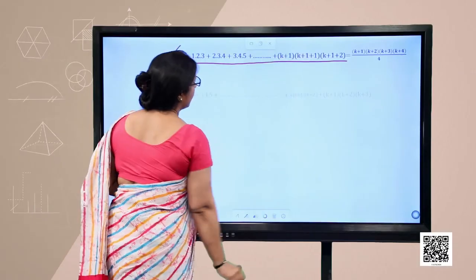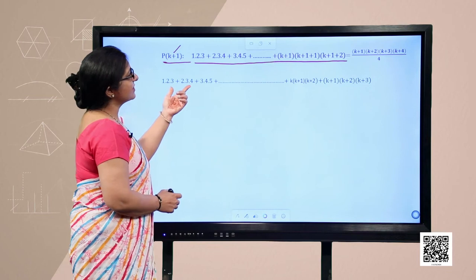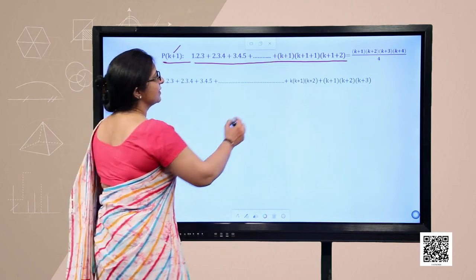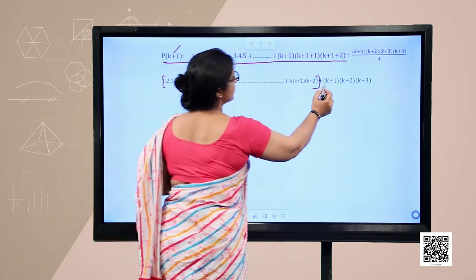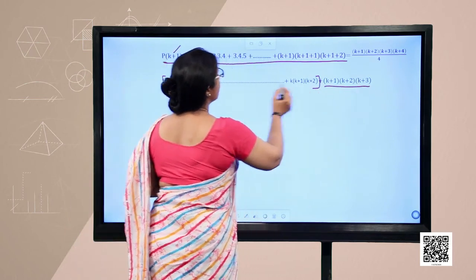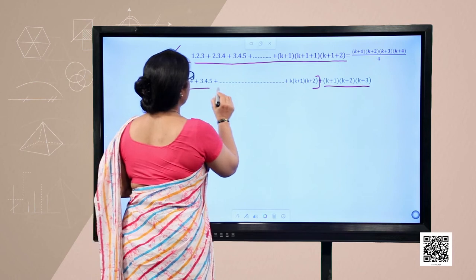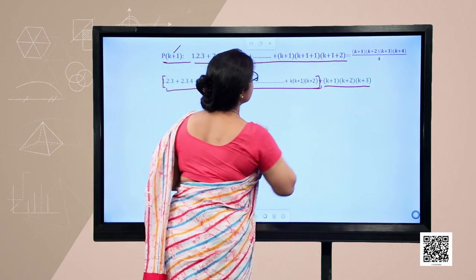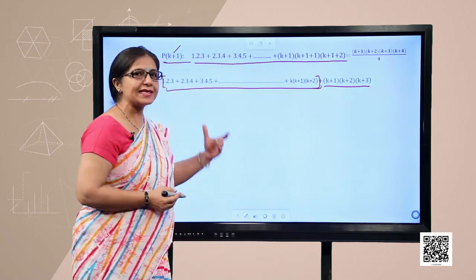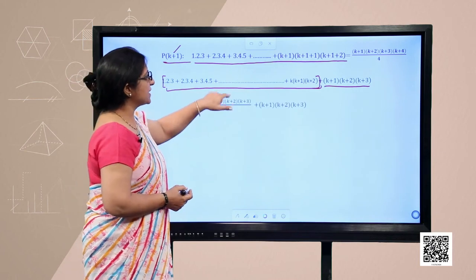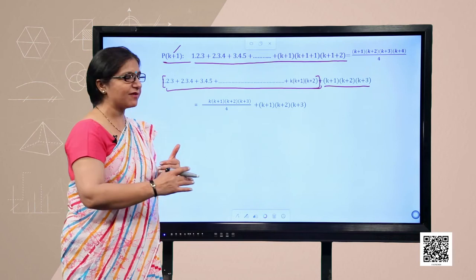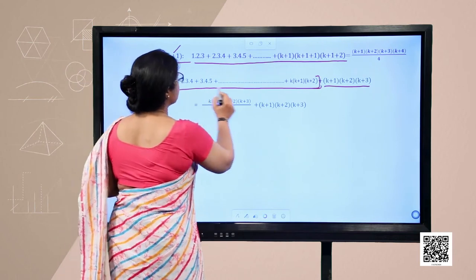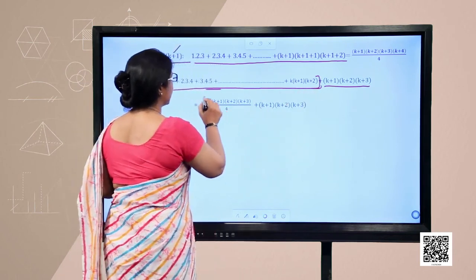Now, we got this result from the previous slide: this is till the kth term, adding the k plus 1th term, and this entire expression will be replaced by the expression from equation 1. What we got in the right hand side of equation 1, this whole expression will be replaced by that.